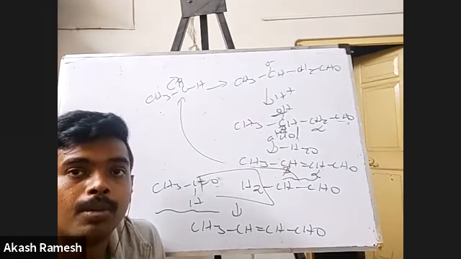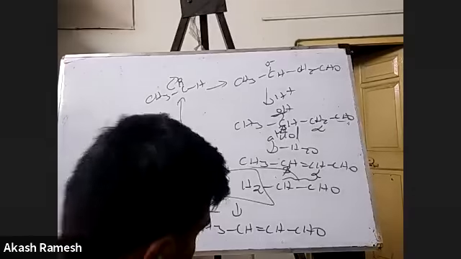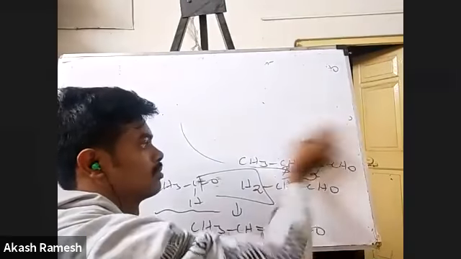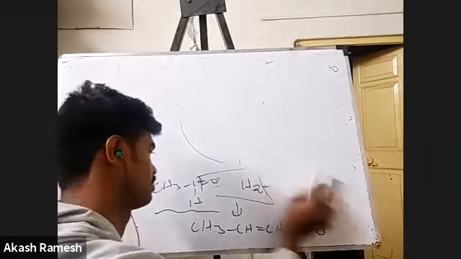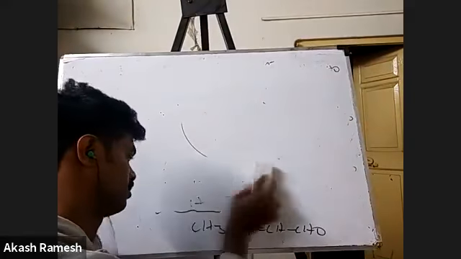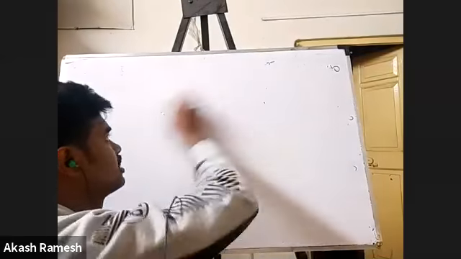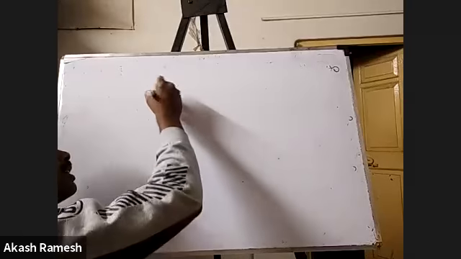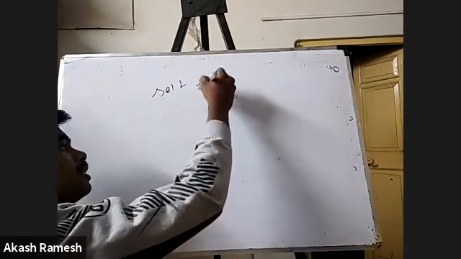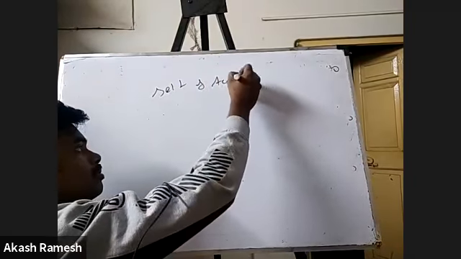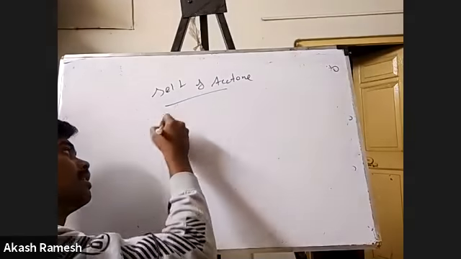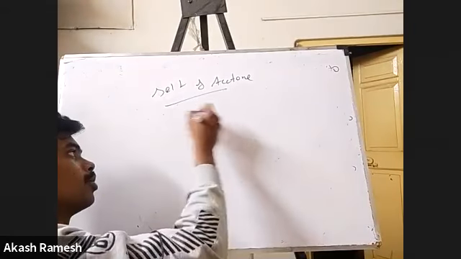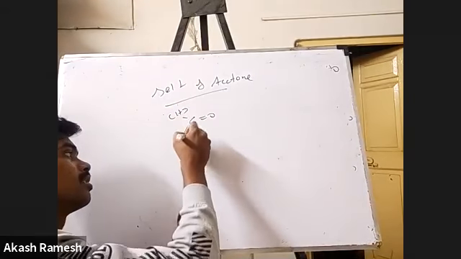Okay, I hope you should have gotten it by this time. Okay, one product I already sketched, right? So now if I go for the self-aldol of acetone, so that would be CH3, I'll write it like this: C double bond O, CH3, CH3.